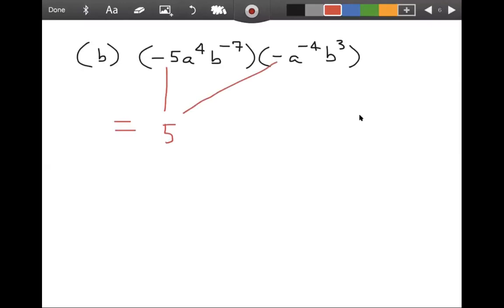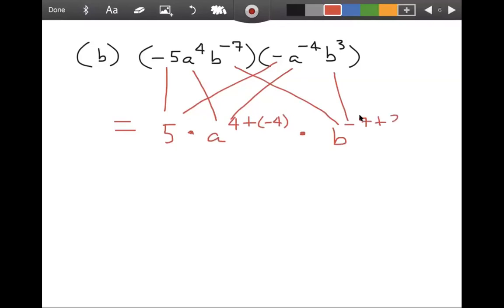And then using the product rule, a to the fourth times a to the negative 4 is a to the power 4 plus negative 4. And by the product rule again, b to the negative 7 times b to the third is b to the power negative 7 plus 3. All right, so cleaning that up, we get 5 times a to the 4 plus negative 4 is 0. Negative 7 plus 3 is negative 4.